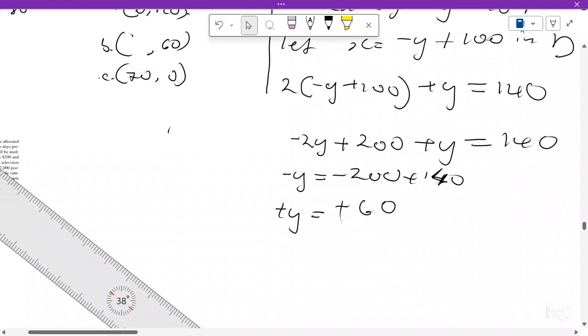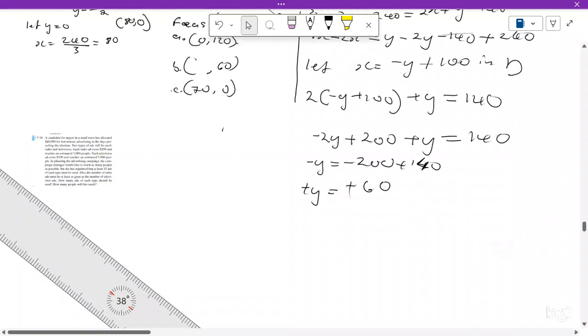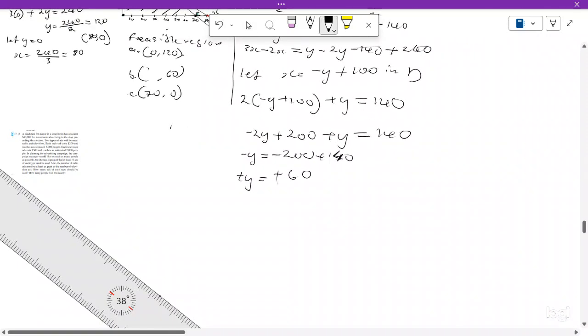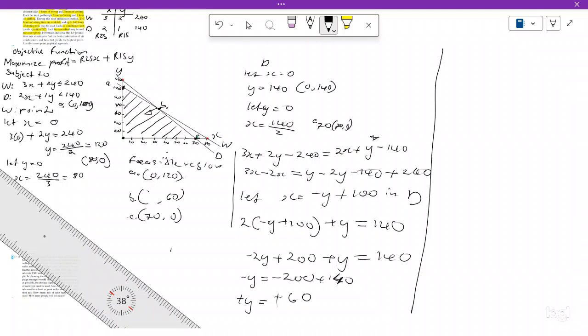Oh, we haven't found x. So we come and look for x on the second formula. Let y be equals to 60 in formula w. So we're looking for x in formula w.